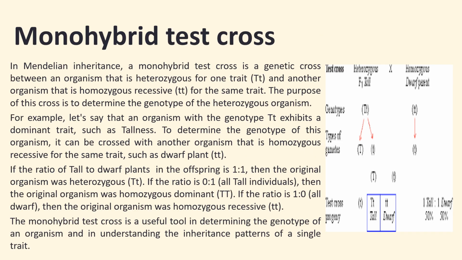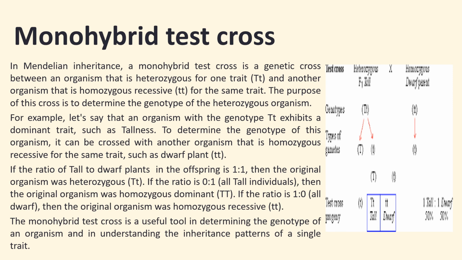In Mendelian inheritance, a monohybrid cross is a genetic cross between an organism that is heterozygous for one trait, capital T small t, and another organism that is homozygous recessive, small t, for the same trait. The purpose of the cross is to determine the genotype of the heterozygous organism. For example, let us say that an organism with the genotype capital T small t exhibits a dominant trait such as tallness.